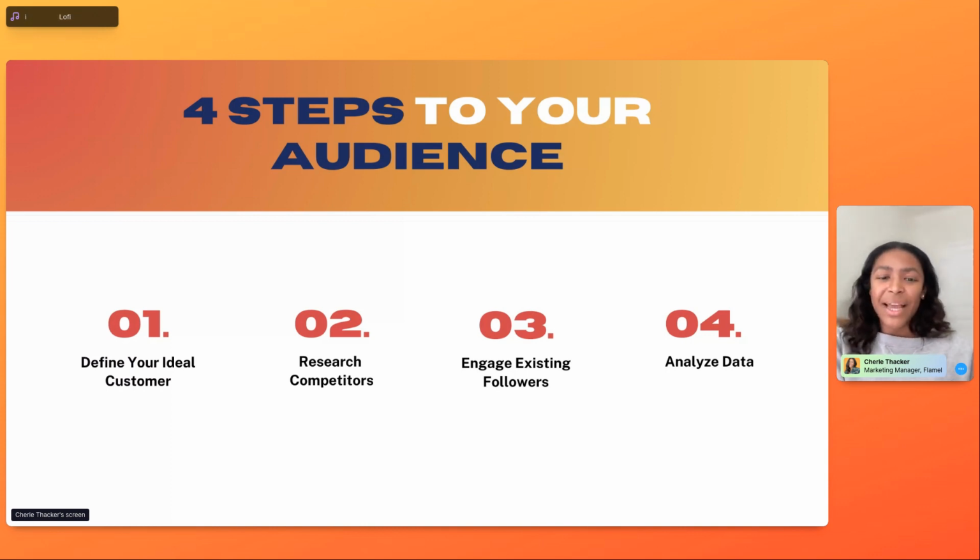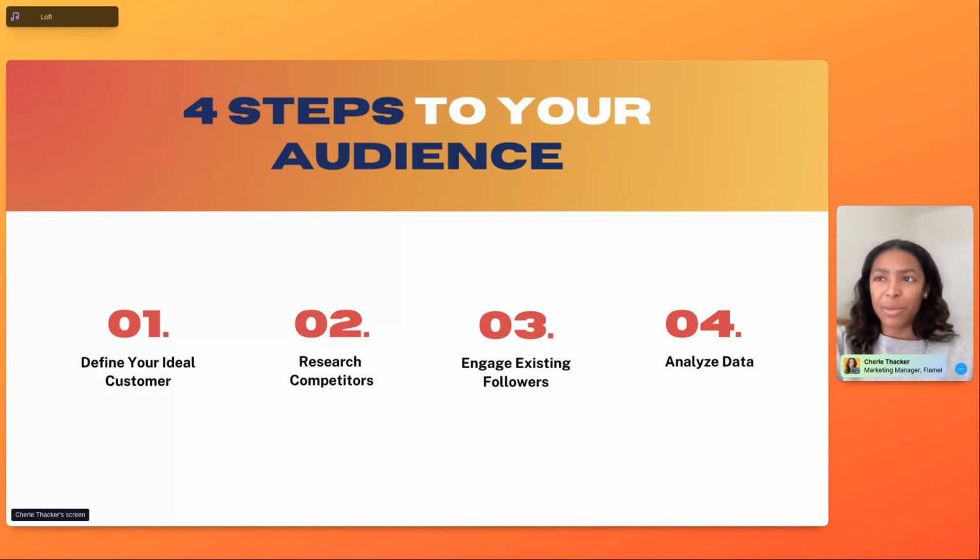Next is analyze data. Using any type of insights or third-party social media platforms such as Flamel, nice little plug, we do analyze data as well, to make sure that the content that you are putting out is resonating with your audience.